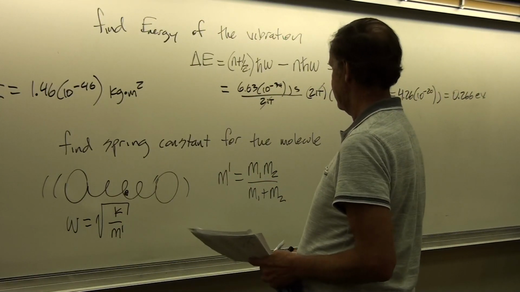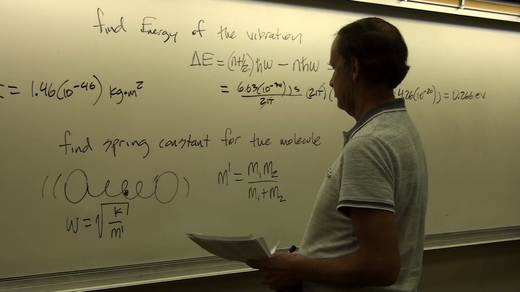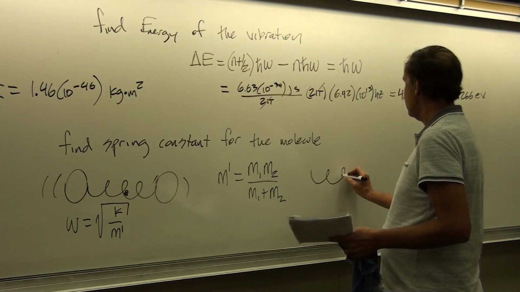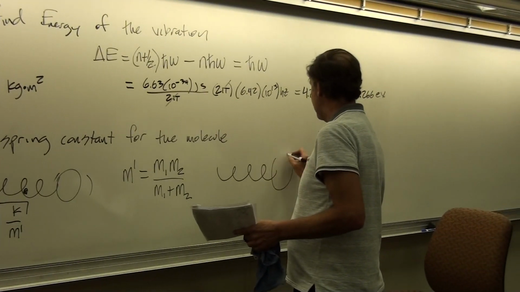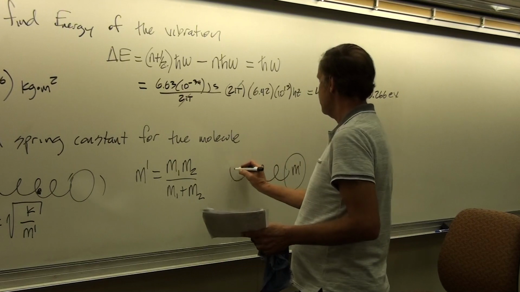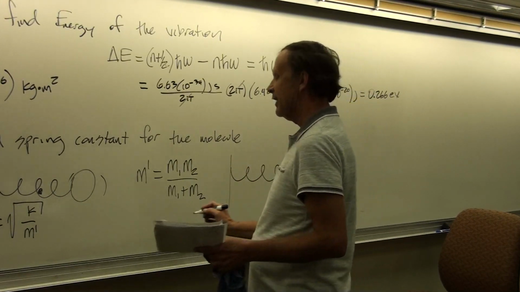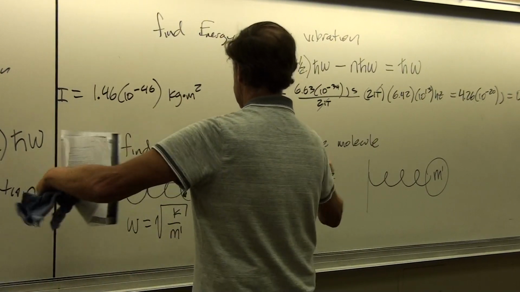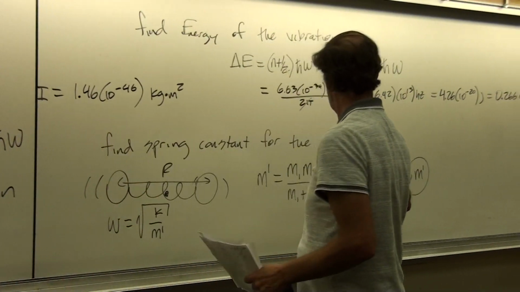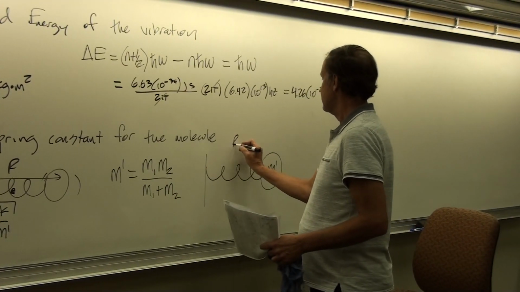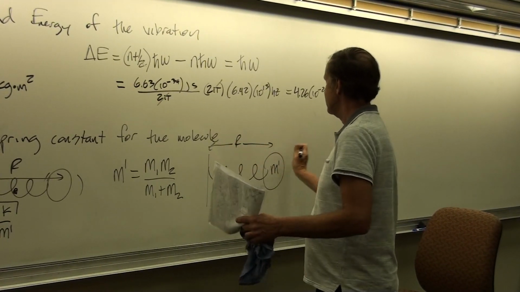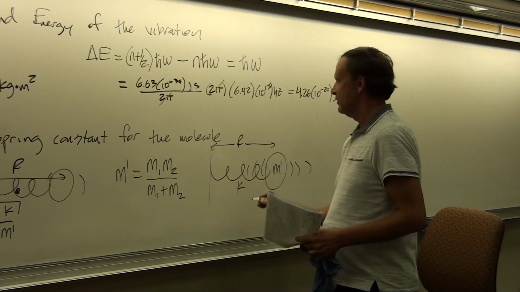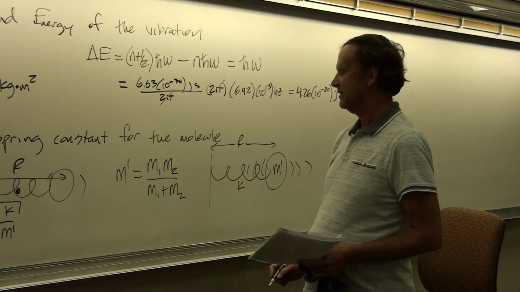Okay. And so this then is equivalent to a single mass, mass m prime, vibrating back and forth about the bond width. So this is r, but it's going back and forth about that value of r. So here, this is about some equilibrium position that's equal to r, but just moving back and forth with simple harmonic motion with the same value for the spring constant k.